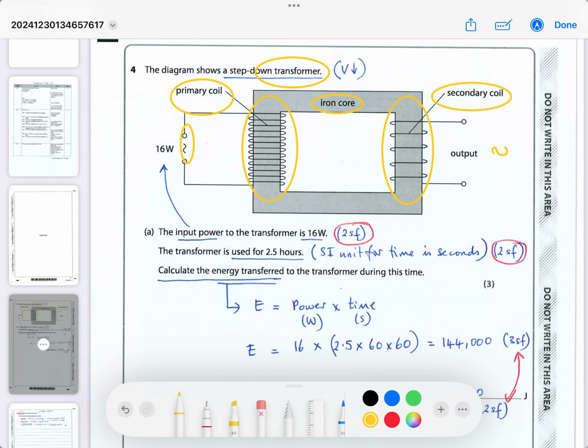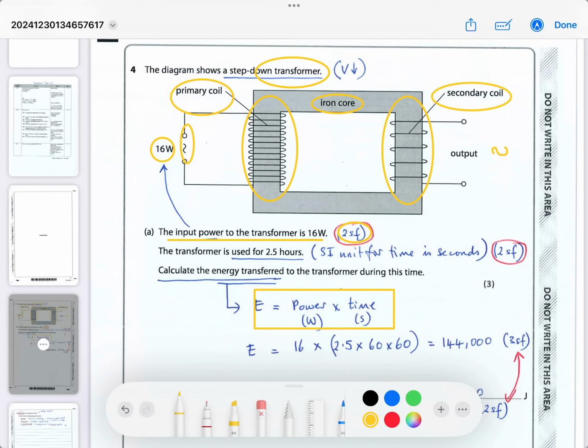So they tell you that the input power of the transformer is 16 watts, and they're giving you the value to 2 significant figures. You'll see that the 16 watts is your input power, and if you remember, power times time is equal to energy, because they want you to work out the energy.